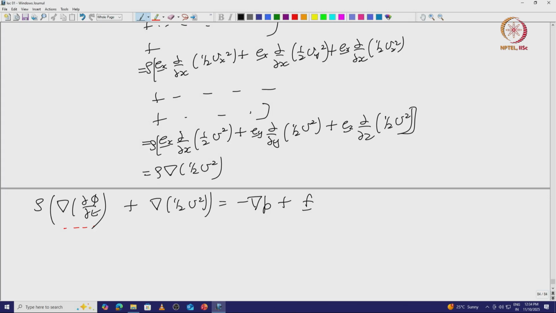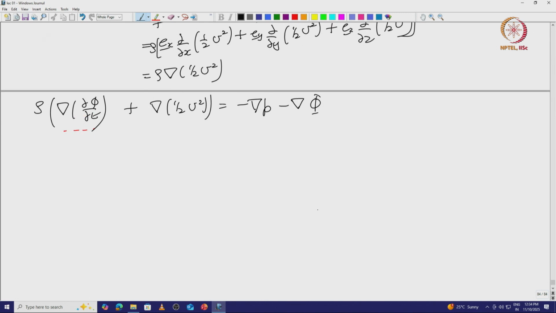If the force is conservative, then it can be written as minus the gradient of a potential energy. And since density is a constant, I can write this entire equation, taking the gradient outside, as rho partial phi by partial t plus rho by 2 v square plus p plus phi.